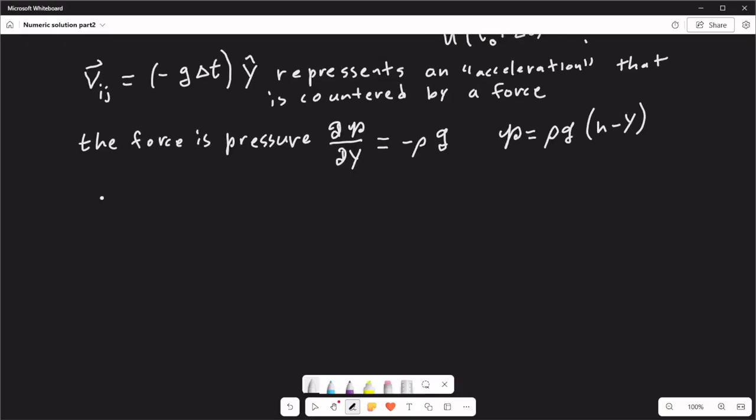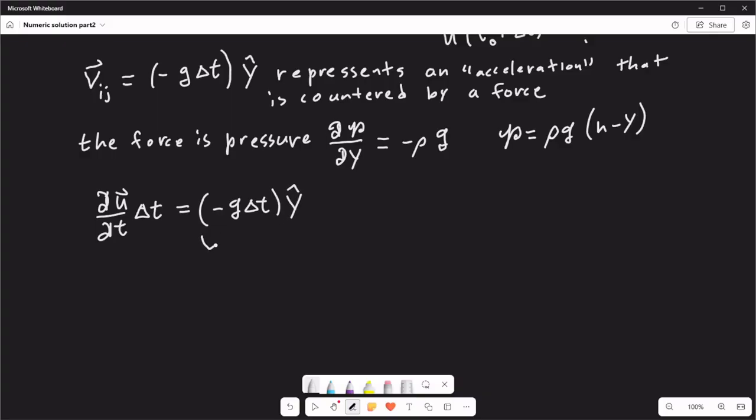So the change in u over the change in t, times delta t, is going to equal this term, which is g t y hat.